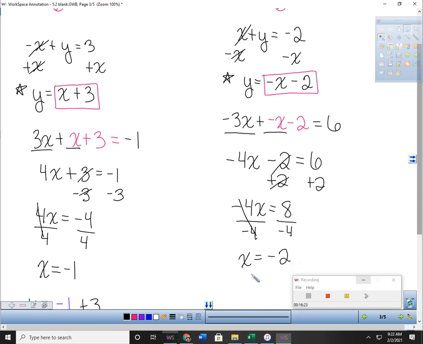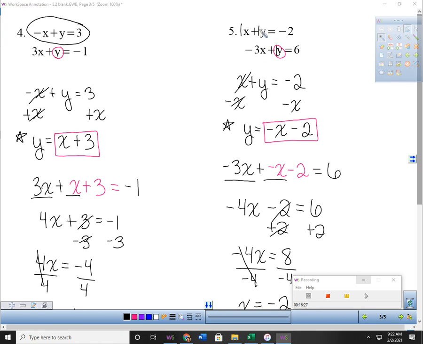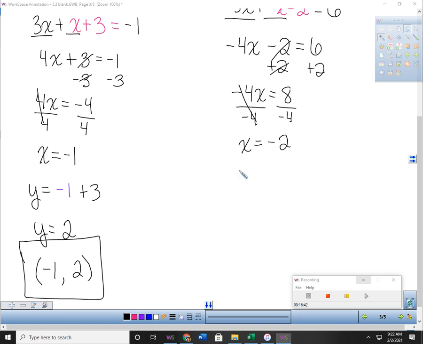So I know my x value. I'm going to plug in. Now remember, you can plug into one of these if you want to. I can plug the negative 2 in here, or I can plug the negative 2 in here, or I can use that equation that I manipulated because I'm solving for y, right? I already have my x, so I can plug in right here. I just need to be careful because there's a negative in front of that x. So when I write this, I've got y equals negative, and then since there's a negative, I'm going to put parentheses when I plug in my negative here.